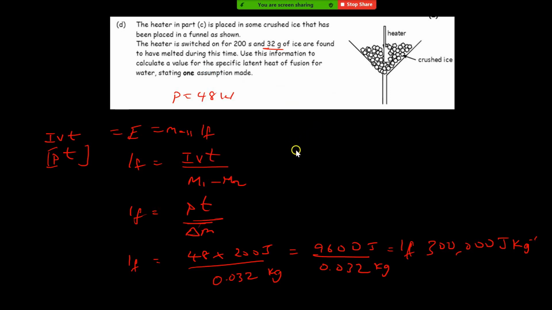All right. So one assumption here is that heat loss to the environment is negligible, indeed. Thank you, Patricia, for that. We could also say that the temperature of the funnel is negligible, or assume that it's at zero, because if the funnel is at a higher temperature, then that is going to add heat to the system.